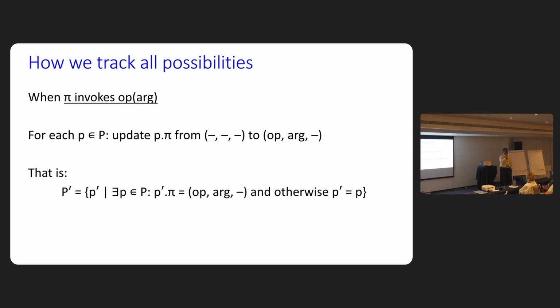A very crucial insight is when any process takes a step, any subset of the ongoing operations that have not linearized yet can now linearize. Let's say there are 100 of us here, and 20 of us are idle and 80 operations are ongoing. Of the 80 operations, let's say 30 have already taken effect in a particular possibility.